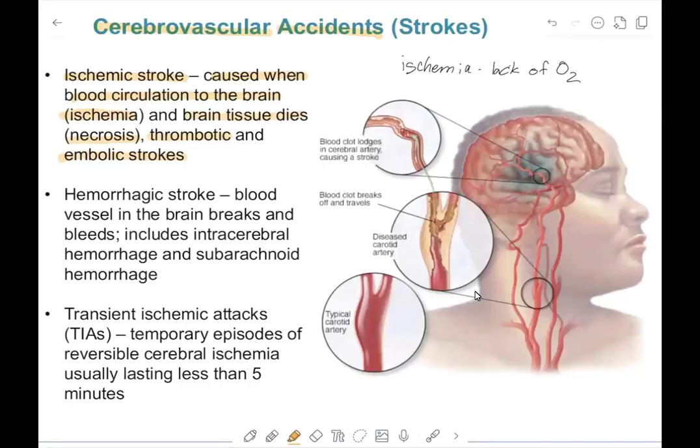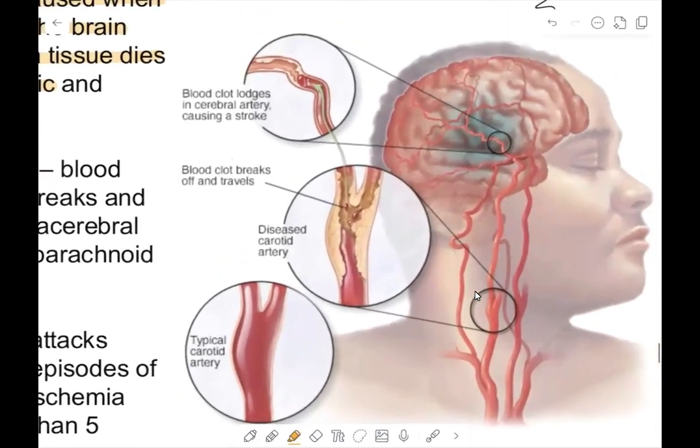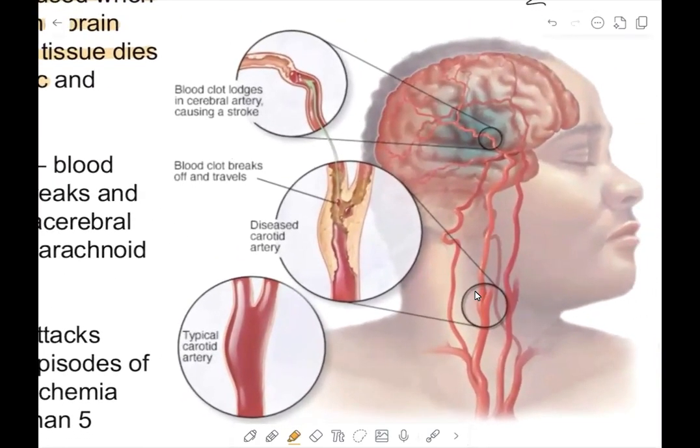So let's look at our image on the right here. We have a typical carotid artery. The carotid artery is the one that's going to be going up your neck. You can feel your pulse there really easily.